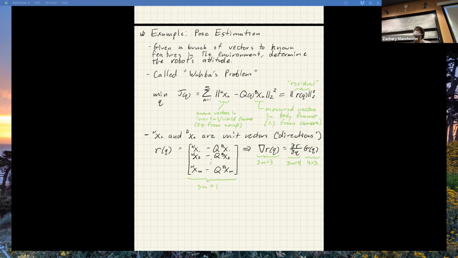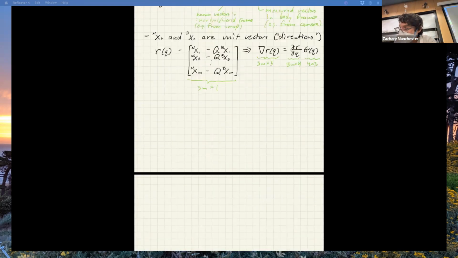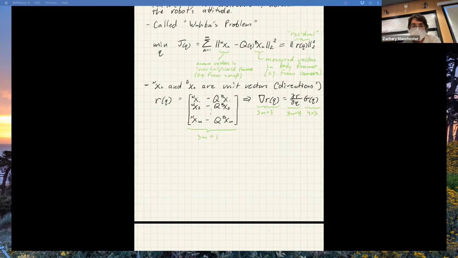So that's the residual. And remember, I'm minimizing the sum of the squares of the residual. That's like least squares, right? So we're going to do this with the Gauss-Newton method that we've talked about a whole bunch. So let's write that down.